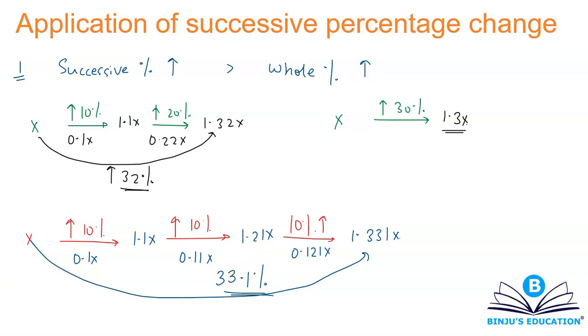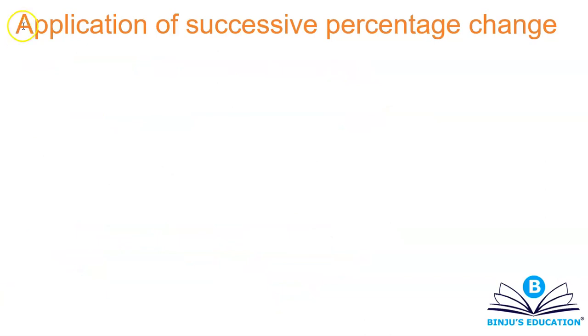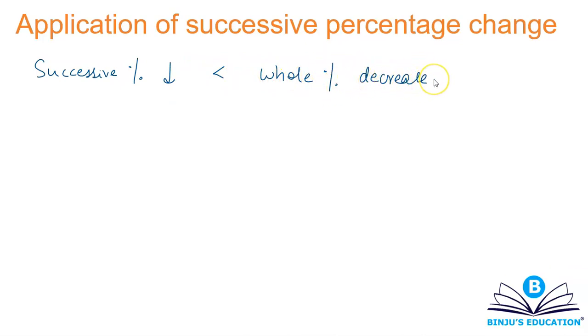The second one is successive percentage decrease is always less than whole percent decrease. This is the second application. So let's take an example again.